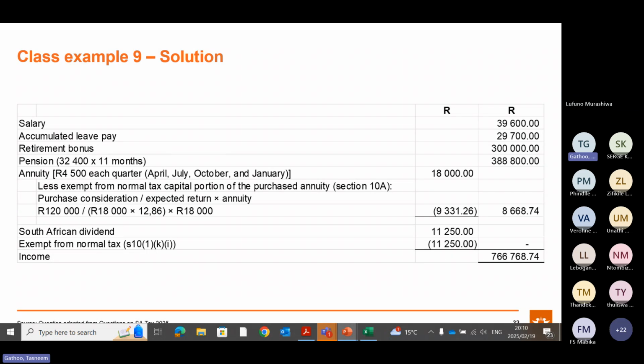Because it was a purchased annuity, he will also qualify for the exemption of the capital portion of the purchased annuity in terms of Section 10(1)(Cap A). So we calculate what was his purchase consideration. He paid 120,000 for the annuity, and what will he get over the lifetime of the contract?